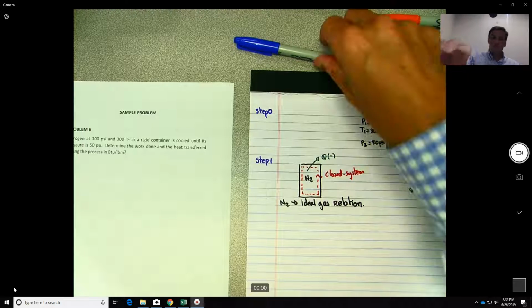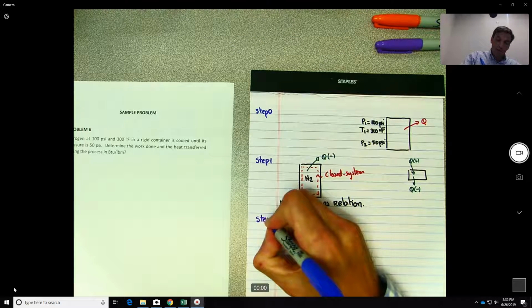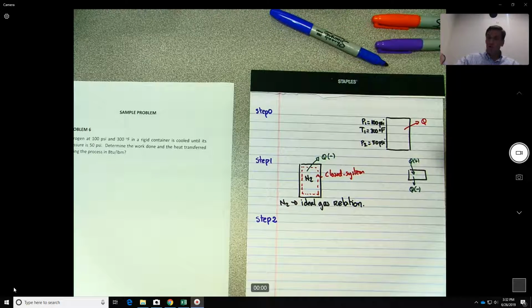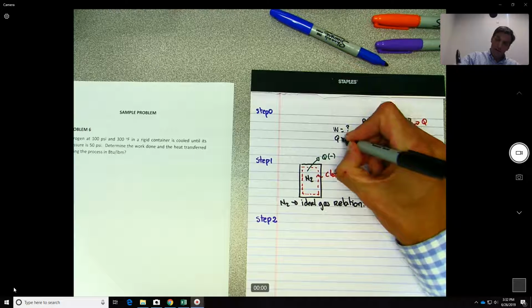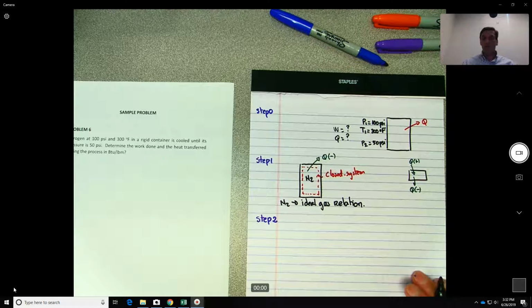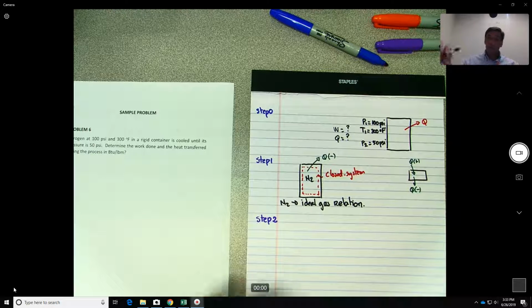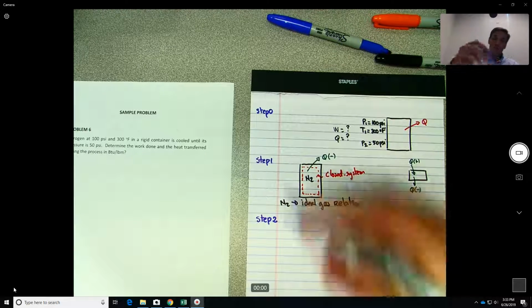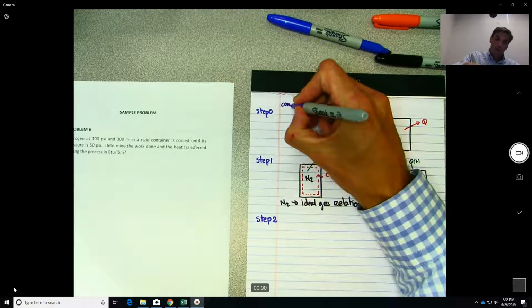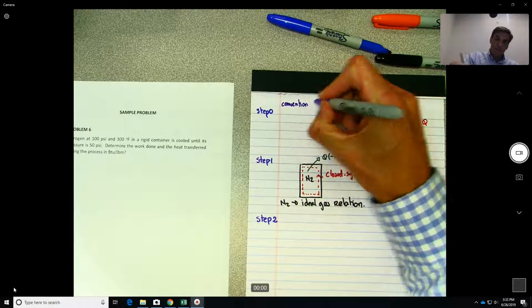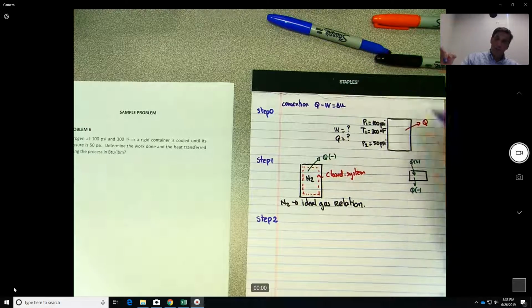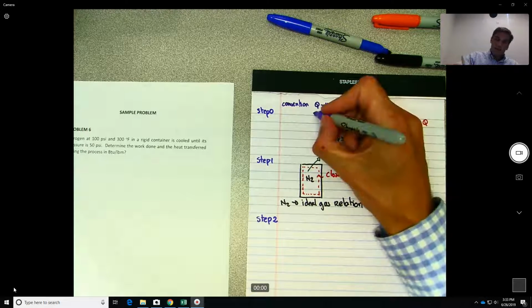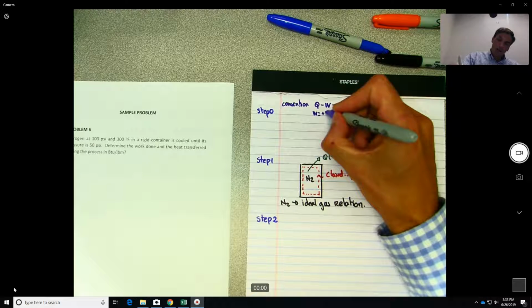All right, so we go to step 2. In order to determine the work and heat transfer, what is the equation we can use? We can use the first law of thermodynamics under either form, but in this case we're going to use Q minus W equal to the change in energies, and the boundary work will then be plus PdV.